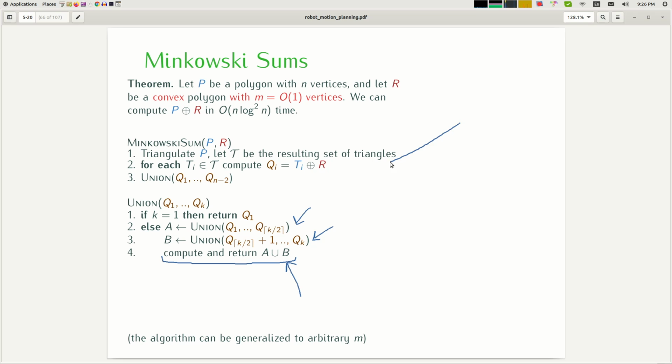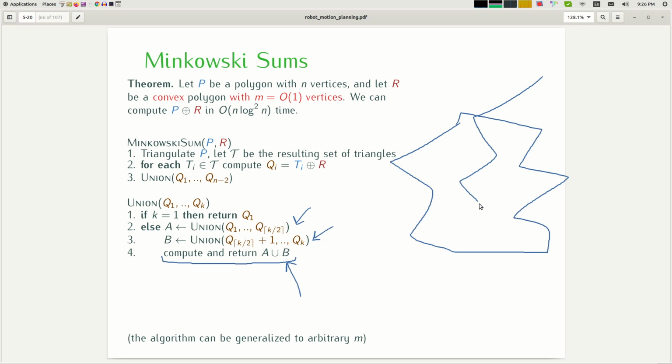Well, A is some object like this, and B is some object like this, right? So they could be arbitrary. How do we compute the union of A and B? Here the observation is that A and B, since they are the boundaries of these objects, first of all, have linear complexity.